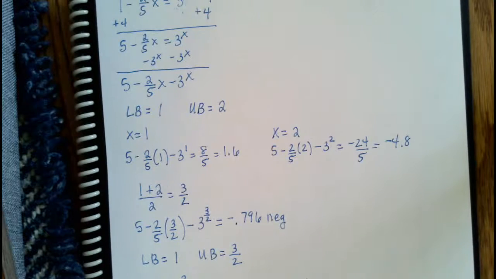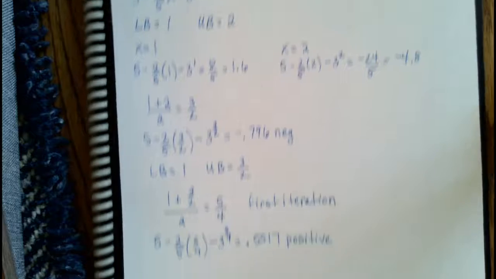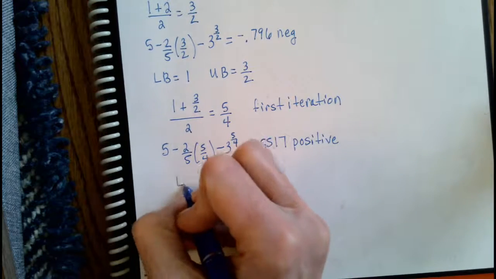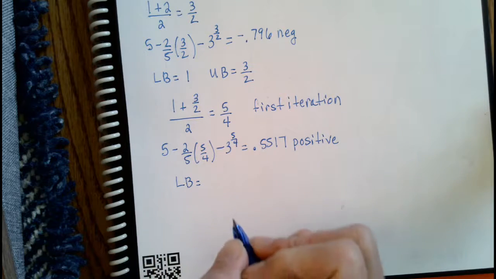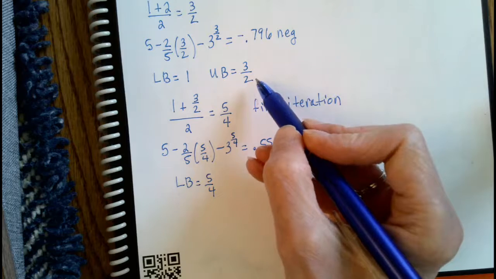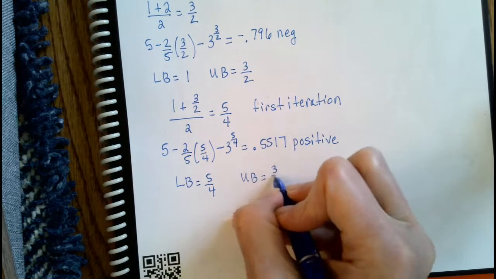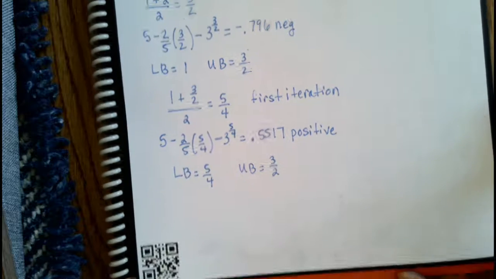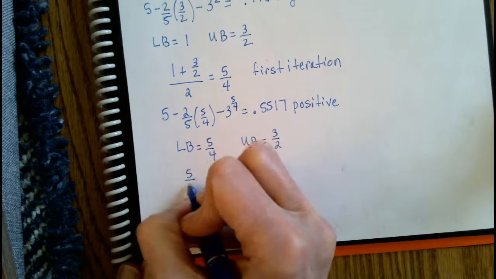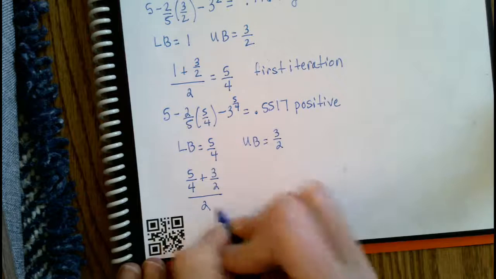And when I go back here, from the lower bound, we ended up with a positive number. So our new lower bound now is going to be 5/4, and then we're going to keep our upper bound, which is 3/2, and we're going to take the average of those, which is 5/4 plus 3/2, divided by 2.